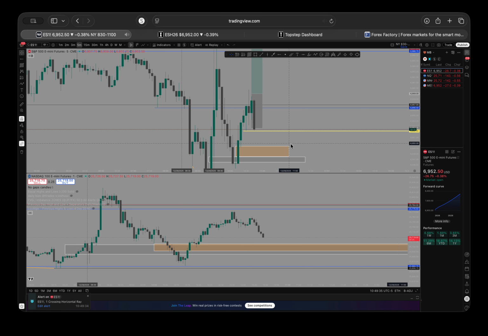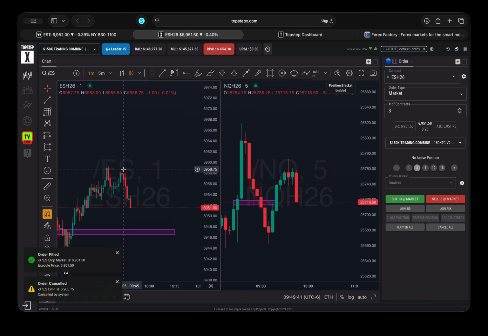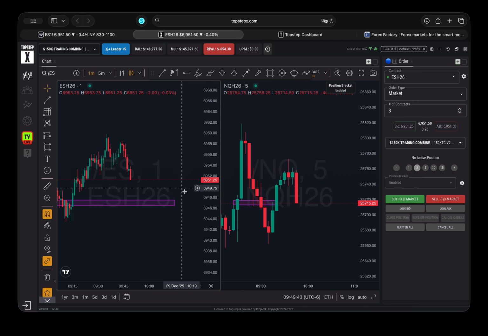Oh, okay, 5-minute candle. Order filled. Yep. So we're negative 654 because we hit our stop loss.